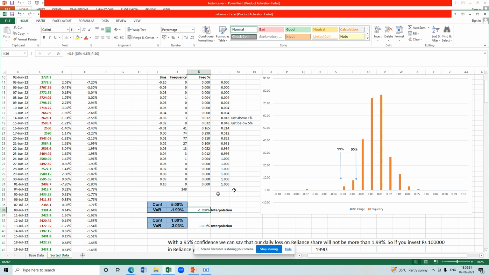For those who want to know how best to do this interpolation, you can pick up any book on statistics and figure out in the chapter dealing with interpolation how you need to calculate that. Now, using interpolation, I find that my VAR value is minus 1.998%. And over here, I've calculated it as minus 1.99 using the percentile function, which I spoke about a little earlier.